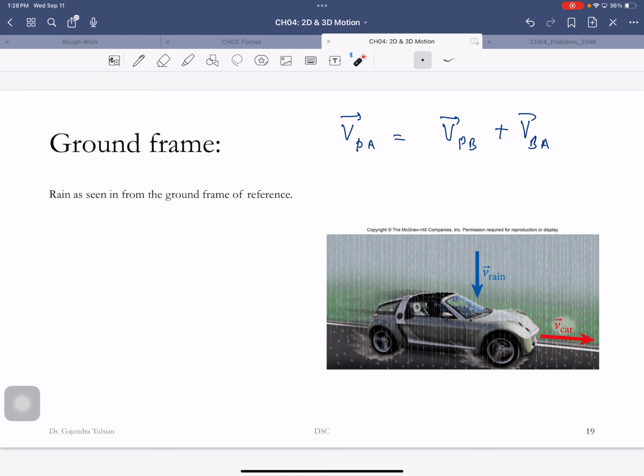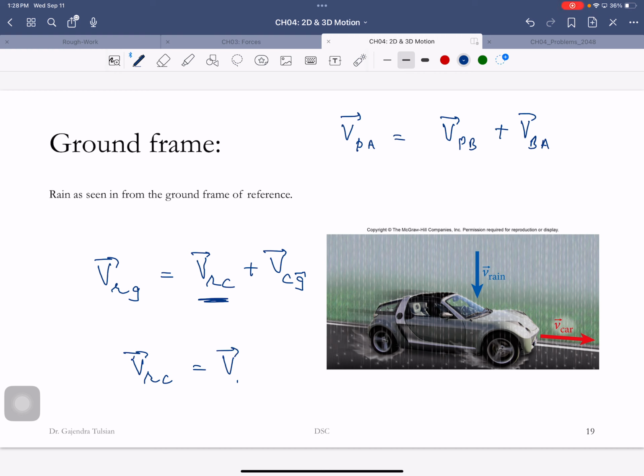Okay, so let's do this. So velocity of rain with respect to the ground is equal to velocity of rain with respect to the car plus velocity of car with respect to ground. Okay, so this is what you're interested in. Velocity of rain with respect to the car is equal to velocity of rain with respect to ground minus velocity of car with respect to ground.